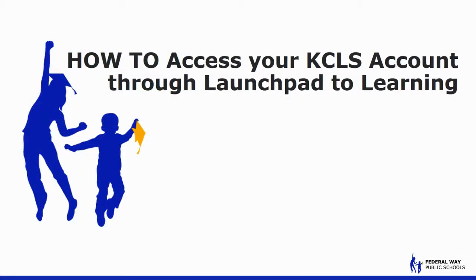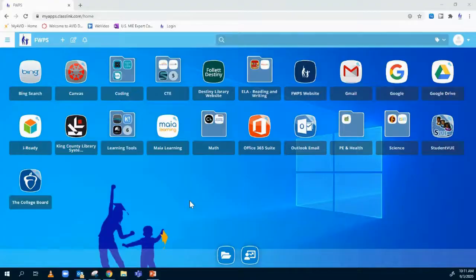In this video, we will cover the steps of navigating to your King County Library System Scholar Access app, where you can access support resources and check out library books electronically. On the home page of your Launchpad to Learning, find the King County Library System's tile.